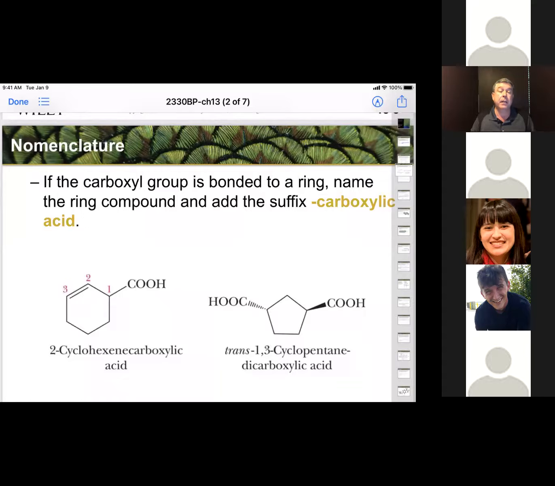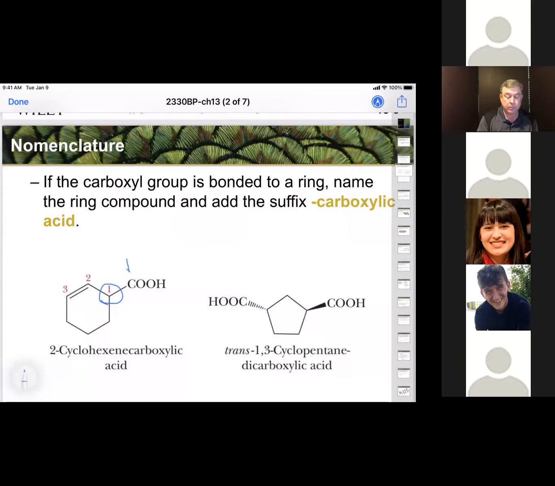So we have to name the cyclic compound first and then add carboxylic acid to the end. It still takes precedent. So it's still at the end and being named for it. However, it is external to the ring.